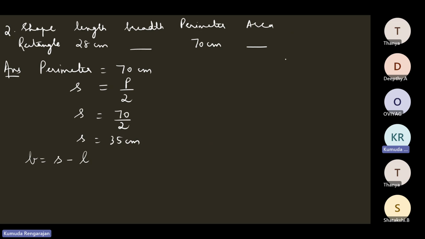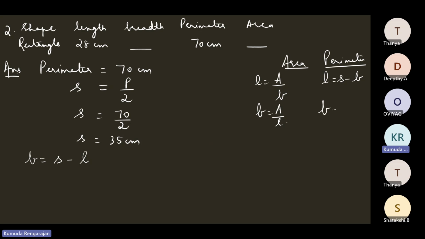When area is given, length is equal to area by breadth, and breadth is equal to area by length. If perimeter is given, you need to find the semi-perimeter. Length is equal to semi-perimeter minus breadth, and breadth is equal to semi-perimeter minus length.